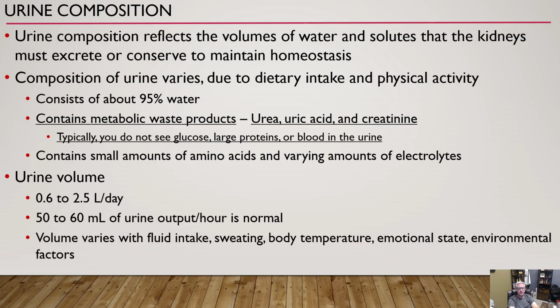With the exception, sometimes you'll see menstrual blood in your urine if you're a female, but that has nothing to do with your urinary system. That's the reproductive system. That comes from a different route. The blood from menstrual blood is not coming from the kidney.